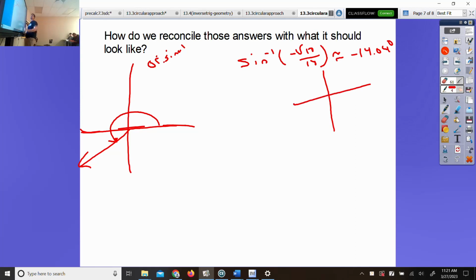If I was to draw that angle, would it rotate like a clock or counterclockwise? Counter. It would rotate about like that, and it would have a negative rotation, 14.04.